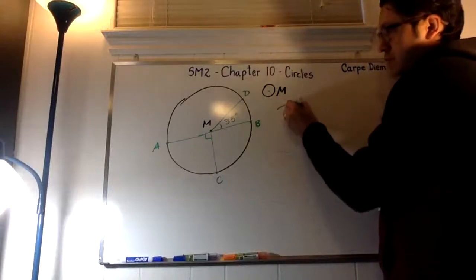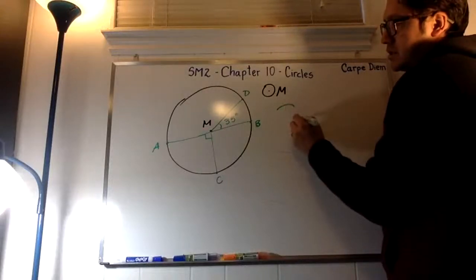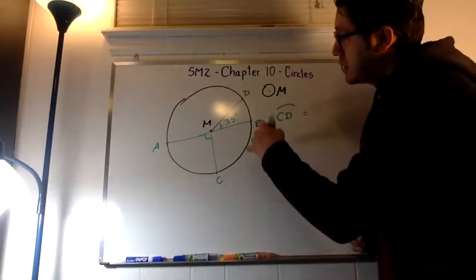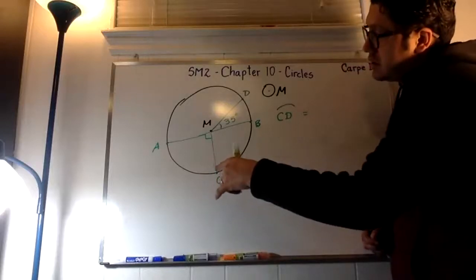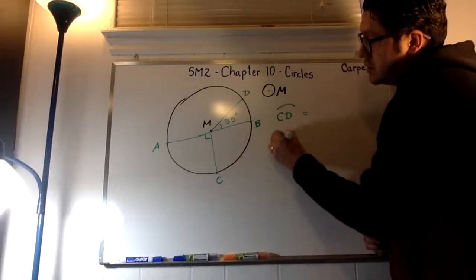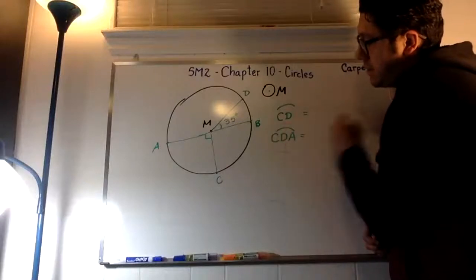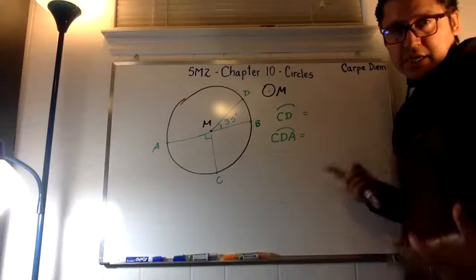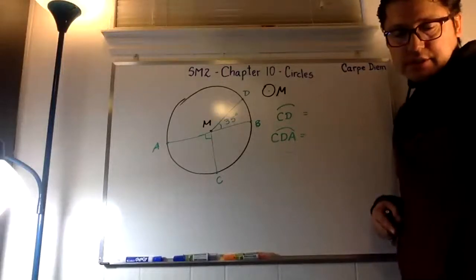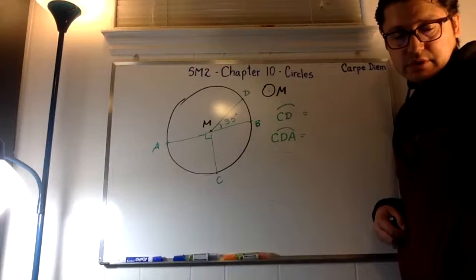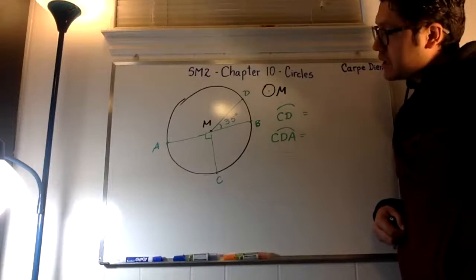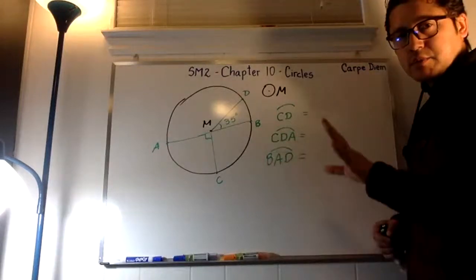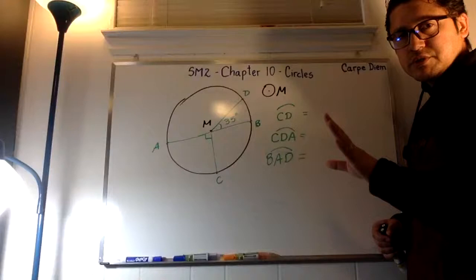We need to find out, oh, wait a minute, C, D, A, and also I changed the letters I was using here and in the exercise, so I need to be careful. Okay, and I need to find out B. Take a moment to think about it and tell me, okay?